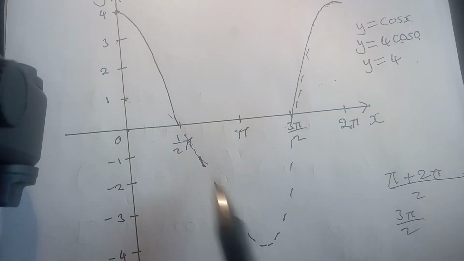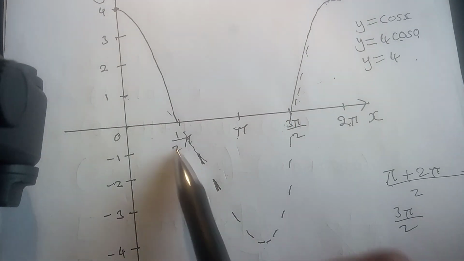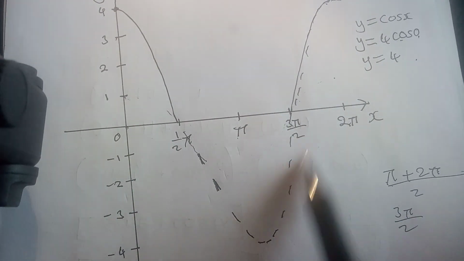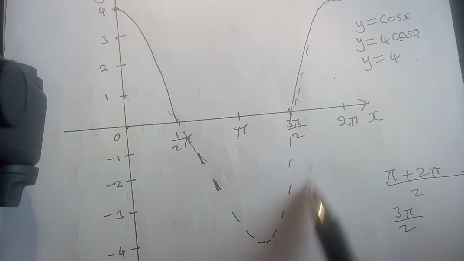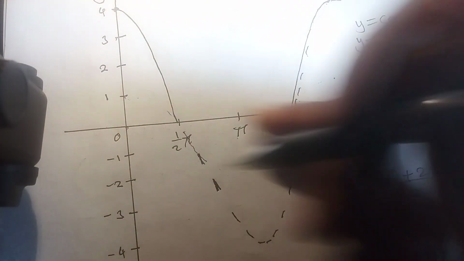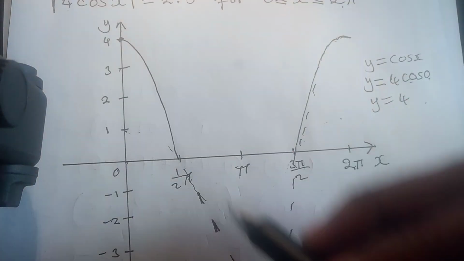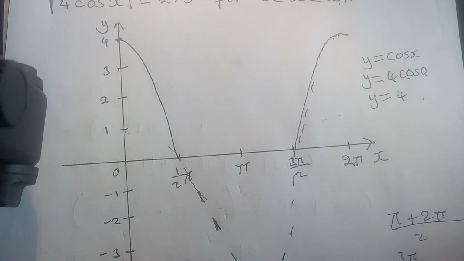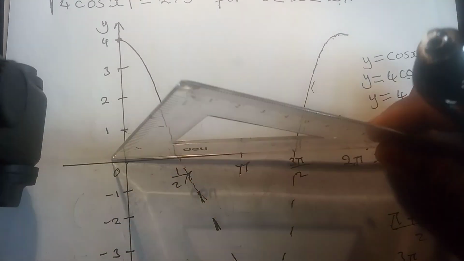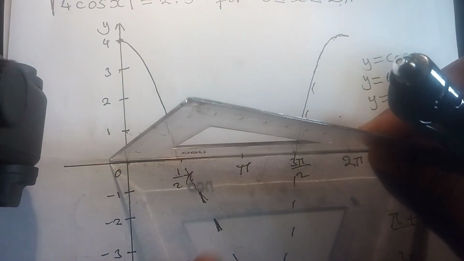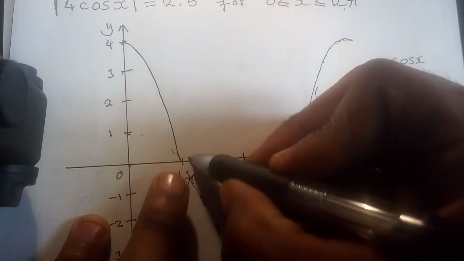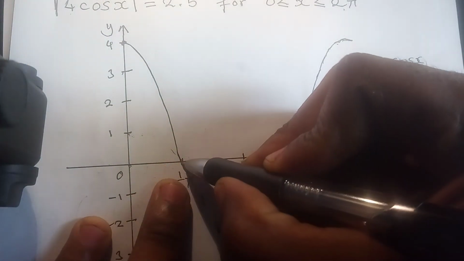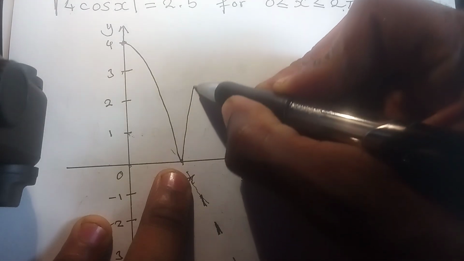So we have some negative part here, which explains why I decided to draw a broken line. So when you have some negative part, make sure that you reflect it upwards. So you can just assume you have a mirror here, and then you are looking at this line through that mirror. So what you'll see on that mirror will be something like this.